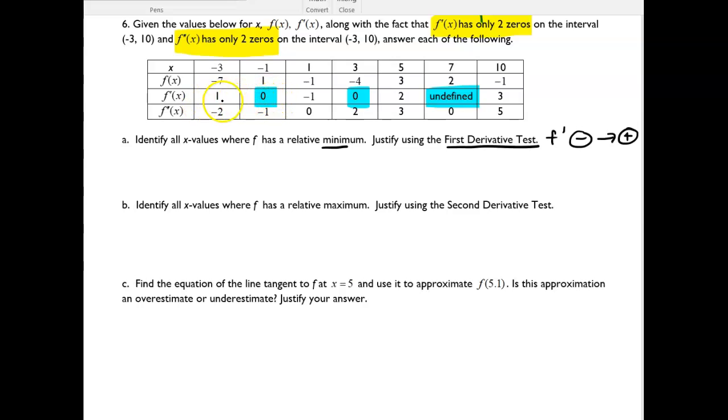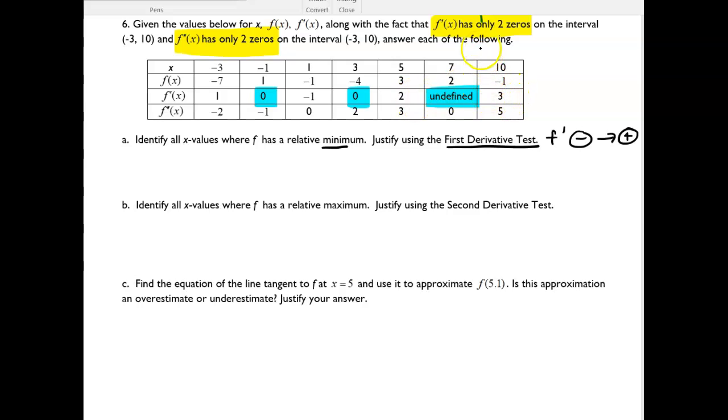So to the left of -1, I have 1, and then -1, so that's changing positive to negative, so that's not a relative minimum. At 3, I have f prime is 0, and it changes from -1 to 2, so that will be a relative min. This other undefined point, since f is defined, it would be okay for me to call this a max or a min if the sign changed, but notice it was 2 on the left, 3 on the right.